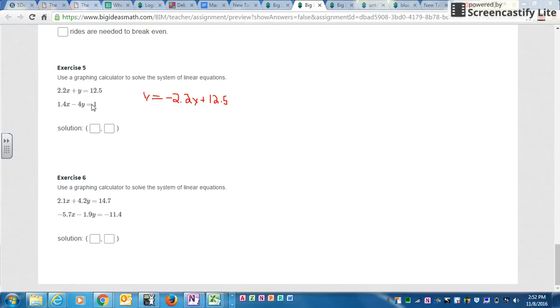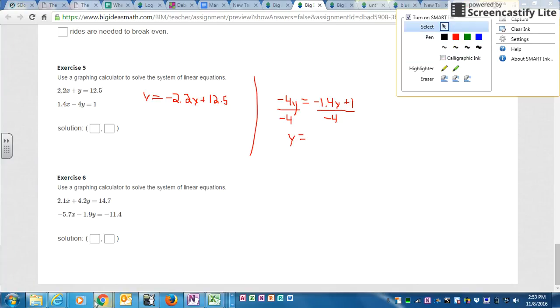And then for this one, I'm going to subtract. This is a two-step equation because I have a negative y value. So I'm going to subtract negative 1.4x. So I have negative 4y equals negative 1.4x plus 1. I'm going to divide both sides now by negative 4. And I'm going to have y equals, I'm going to get a calculator out to do that really quick.